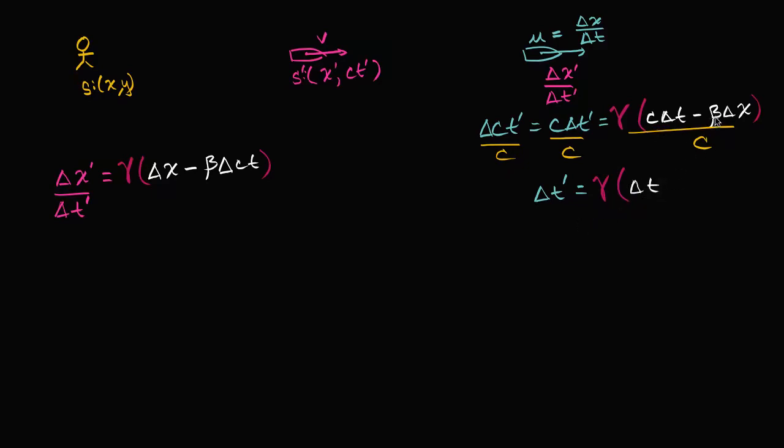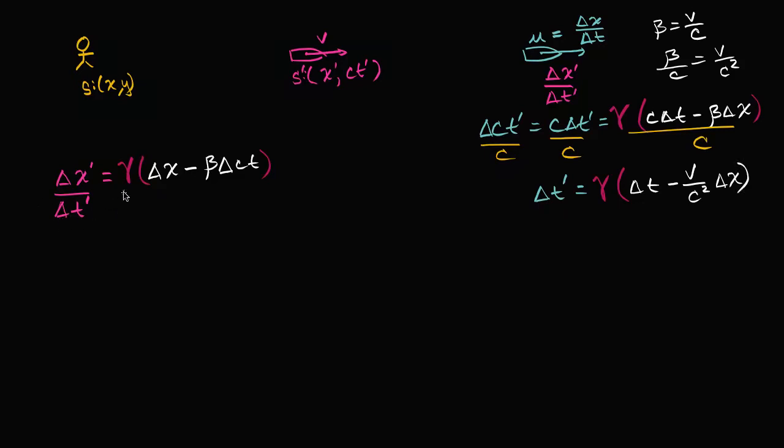And then minus beta divided by c. Well, let's just remind ourselves that beta is equal to v over c. So beta divided by c is v over c squared. So I could write this as minus v over c squared change in x.